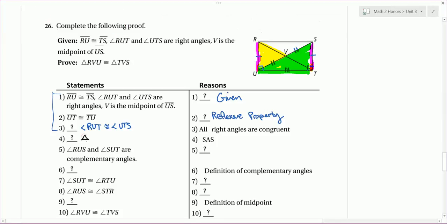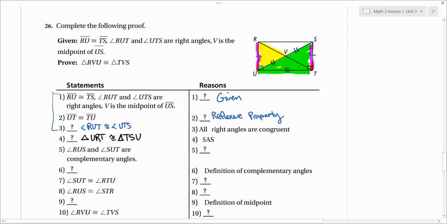So triangle URT is congruent to triangle, well, U is where the right angle was, so T is where the right angle is for the other one. And then U to R is the distance marked with one dash, so T to S, and then to U. Okay.